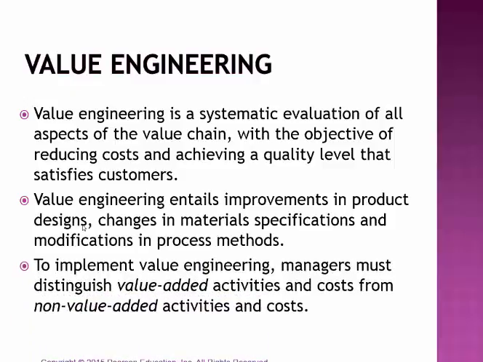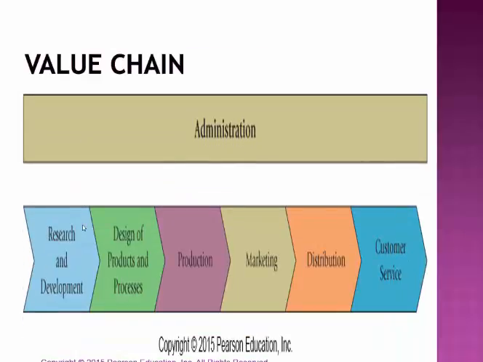All right, so to implement value engineering, managers have to distinguish between value-added activities and components and cost from non-value-added activities and components and cost. Value added is in the eyes of the beholder. All of these costs are being incurred in every single area in the value chain.